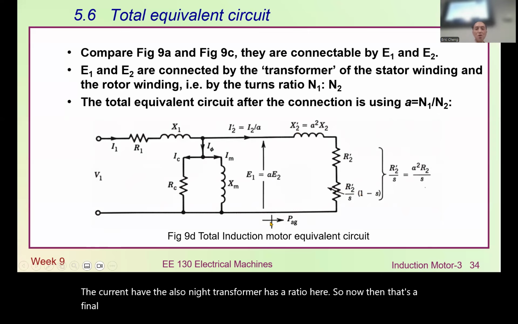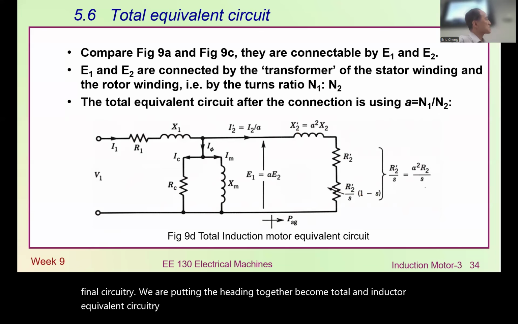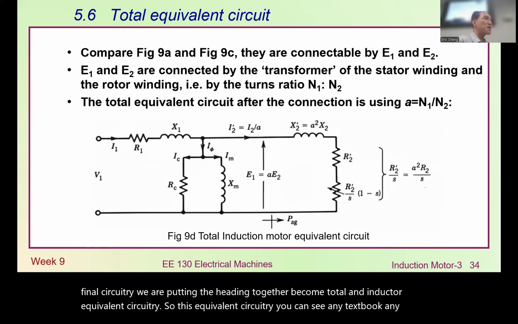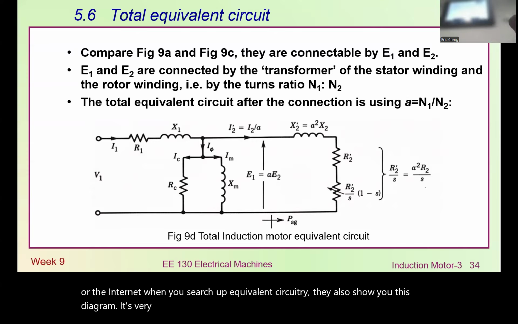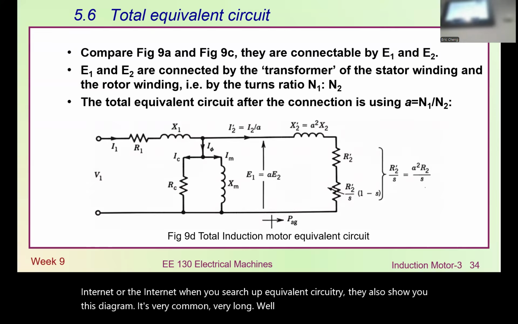We are putting everything together into the total equivalent circuitry. You can see this equivalent circuitry in any textbook or on the internet; when you search for equivalent circuitry, they show you this diagram. It's a very common, well-known, well-accepted equivalent circuitry.